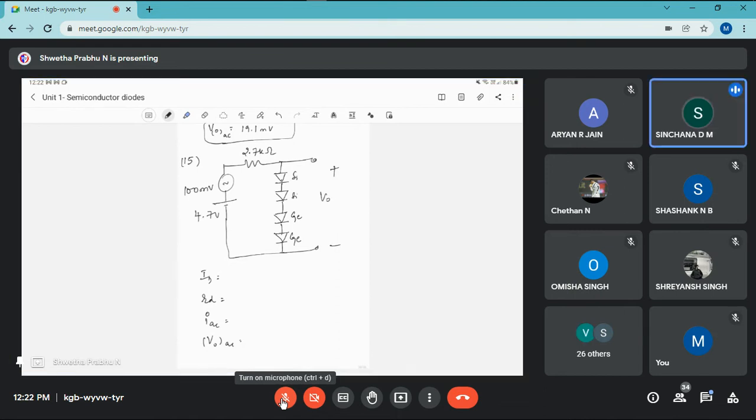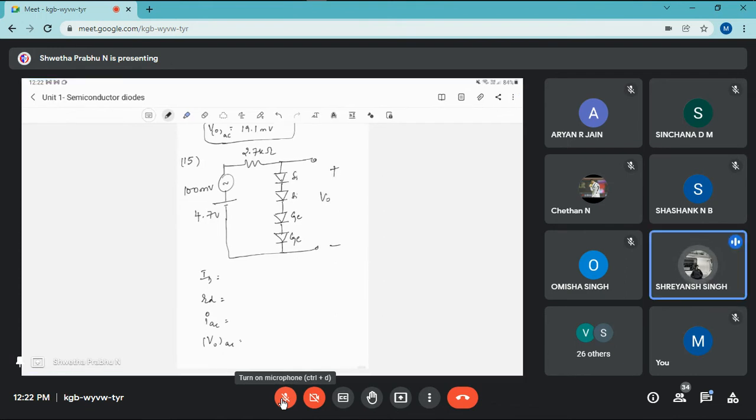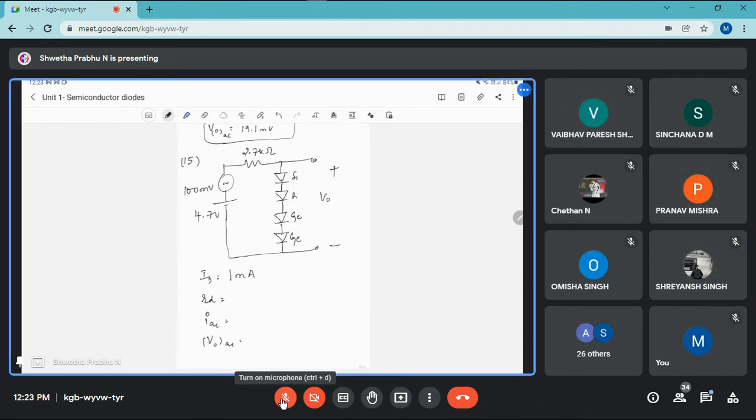Ma'am, ID is equal to 1 milliampere. Actually, I don't have the answer with me. You all have to. Ma'am, ID is equal to 1 milliampere. All are getting the same? Okay, fine. Next you find RD.